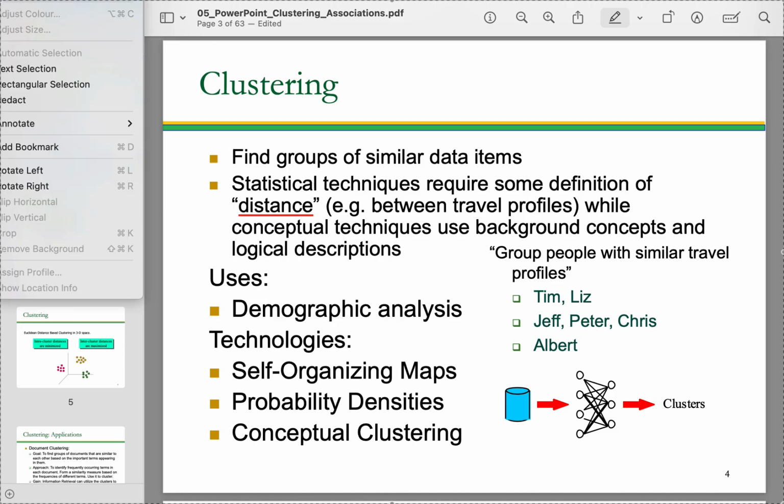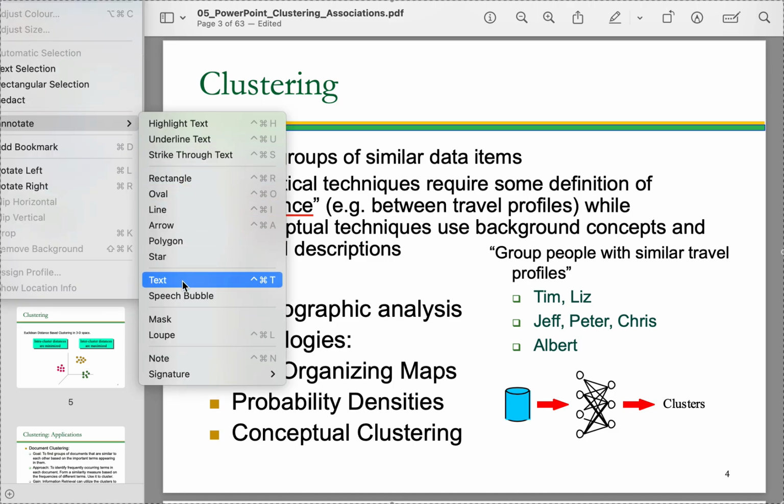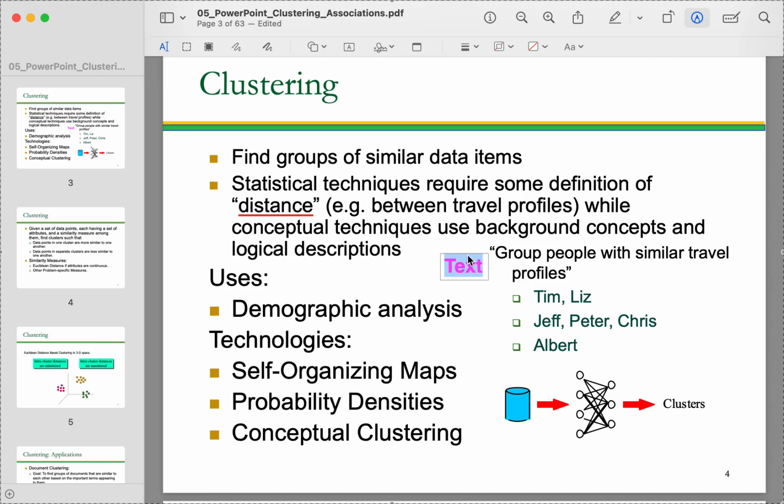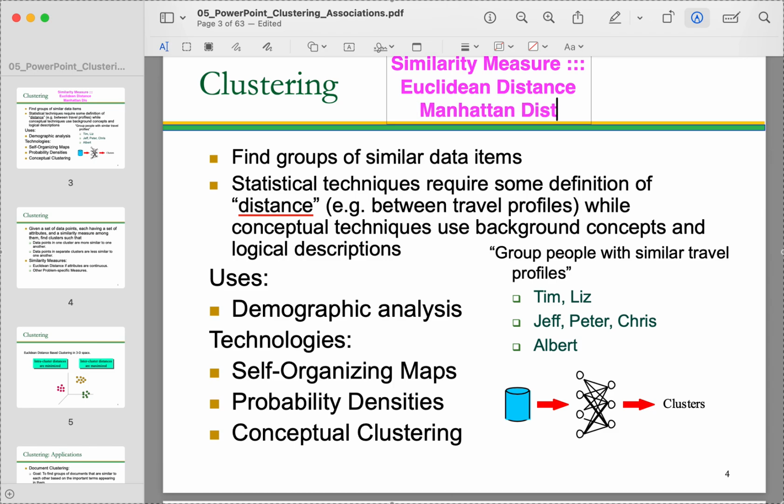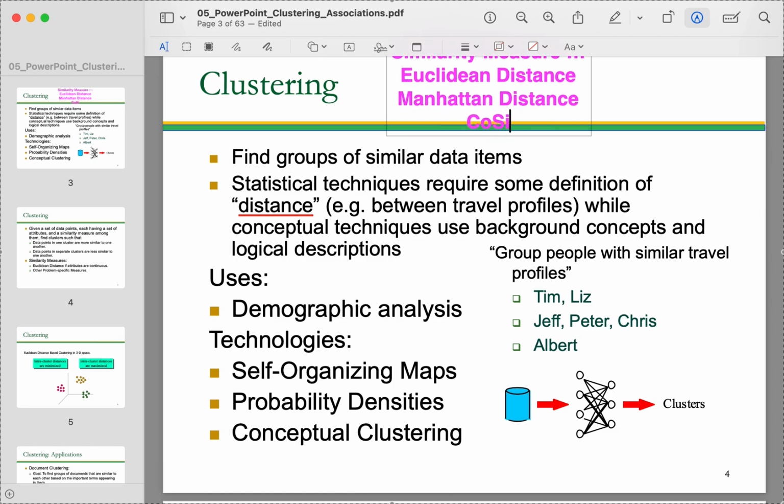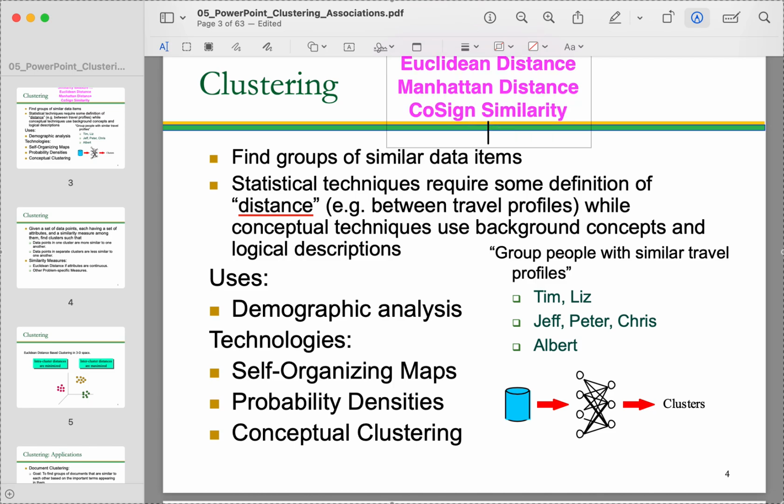A measure could be something like Euclidean distance, Manhattan distance, cosine similarity.